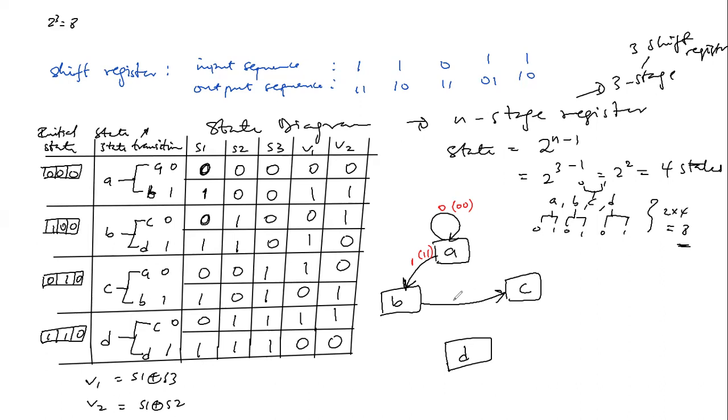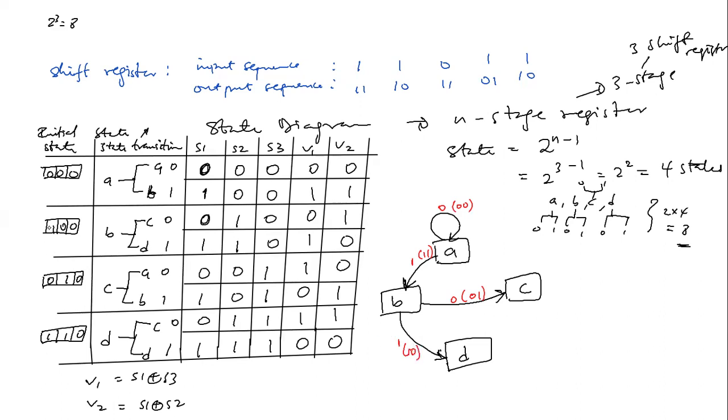And what is the output? 0, 1. And then we have state B to state D, right? Then 1 is emitted. And what is the output? 1, 0.